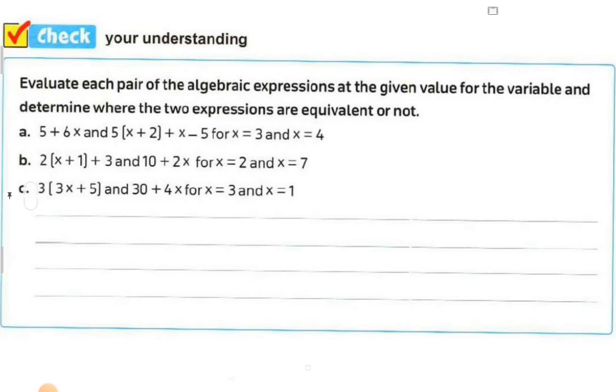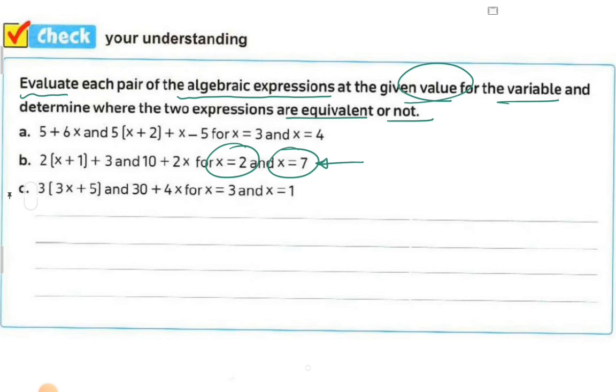our understanding. Evaluate each pair of algebraic expressions at the given value. He gave me the values of the variable, okay, to determine if they are equivalent or not. Okay, take point B for example. We have two trials, x equal 2 or x equal 7, and we have two expressions, first one and second one.